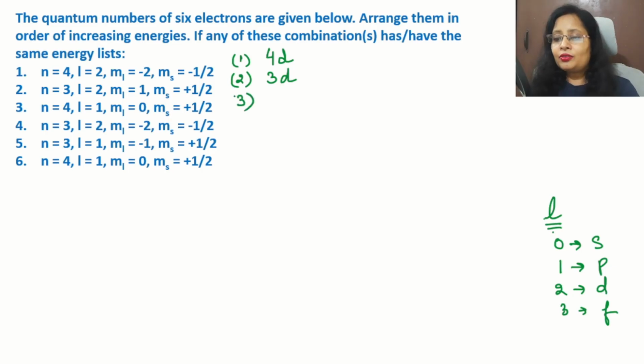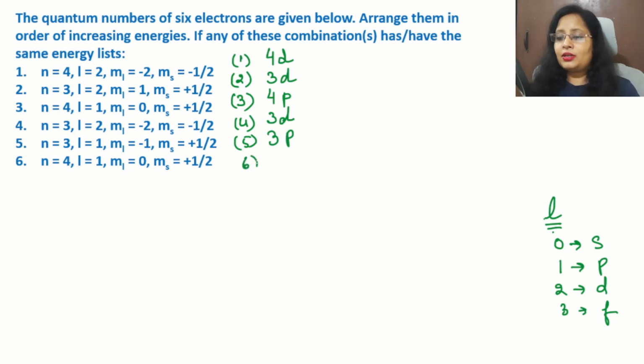Third electron, let's see, it is the fourth shell and l is equal to 1 means p, 4p orbital. Now the fourth electron, it is the third shell and l is equal to 2 means d, 3d. Now the fifth electron, n is equal to 3, third shell and l is equal to 1 means 3p.